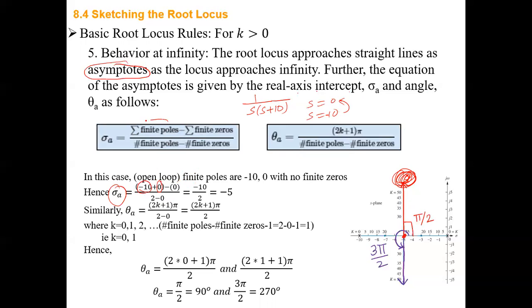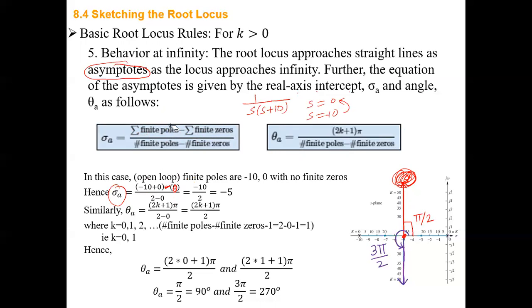The sum of all the finite poles is this. Now how about the finite zeros? How many finite zeros do we have? None, so the sum is 0. The top part is done.